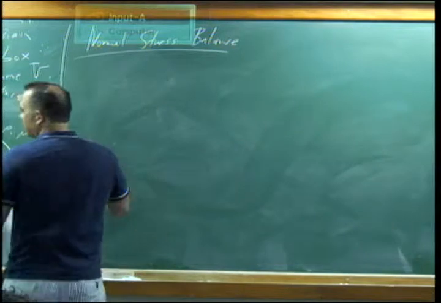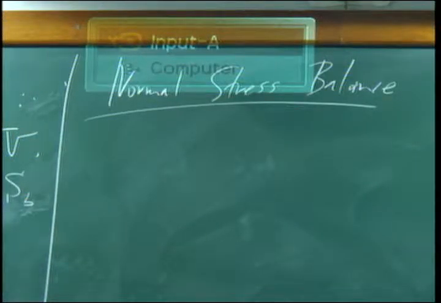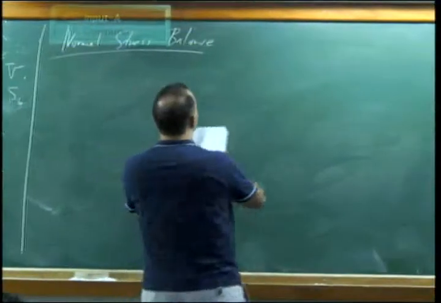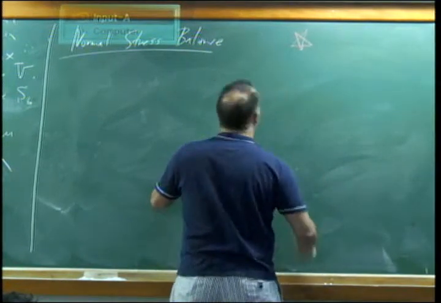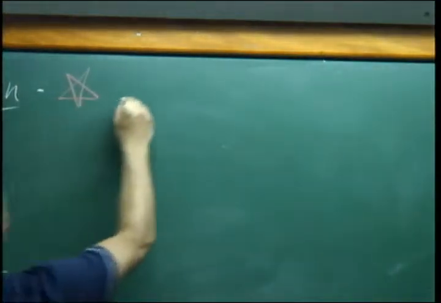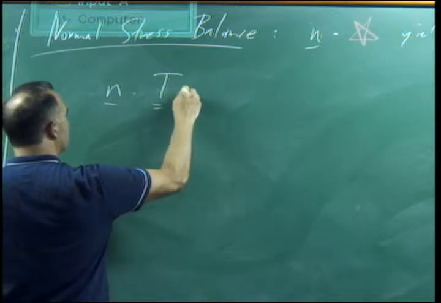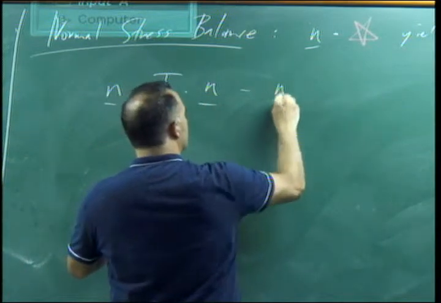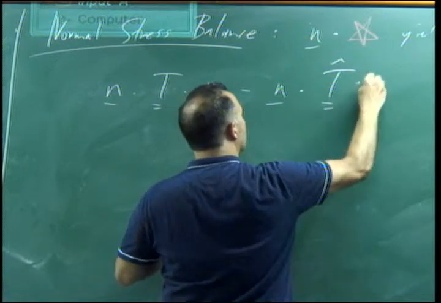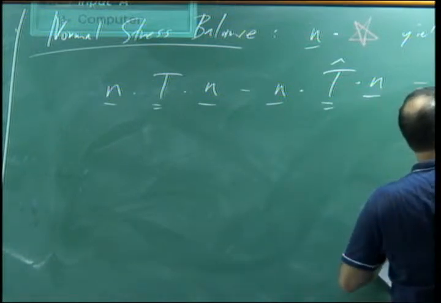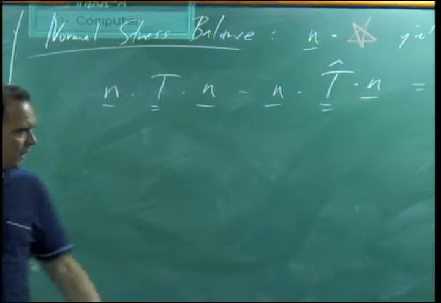Okay, so if we take the normal projection of this, let's call this star, so we have N dot T dot N minus N dot T. Okay, so that's the jump in normal stress across an interface is prescribed by the Laplace pressure.